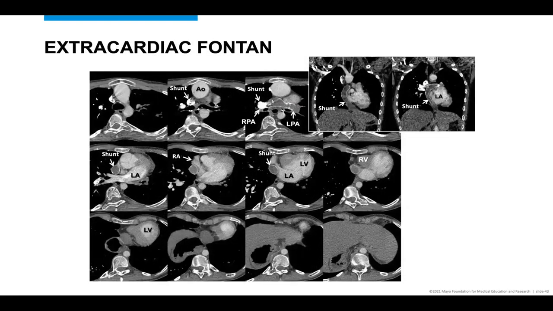The other broad category is an extracardiac Fontan, where the shunt consists of synthetic material. And I think this is probably a little bit more popular here in the US.